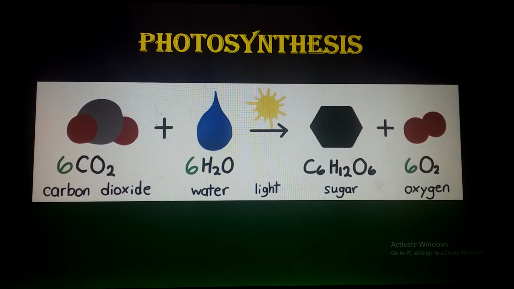Now, we are familiar with the equation of photosynthesis from our early childhood. We learned this equation in first or second class. This is the chemical reaction in which 6 carbon dioxide molecules and 6 water molecules react with each other to form glucose, C6H12O6.